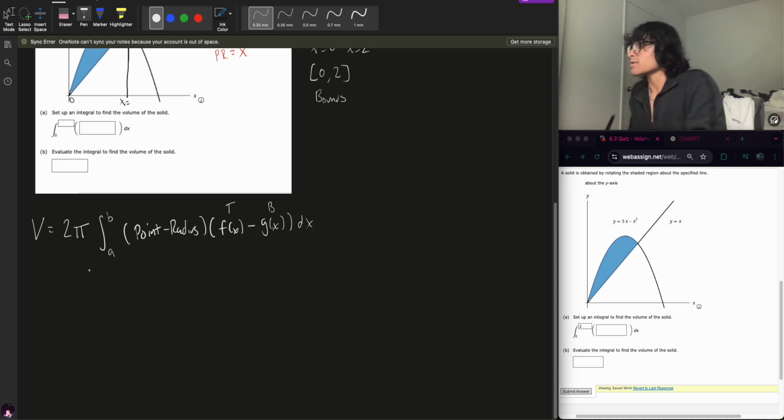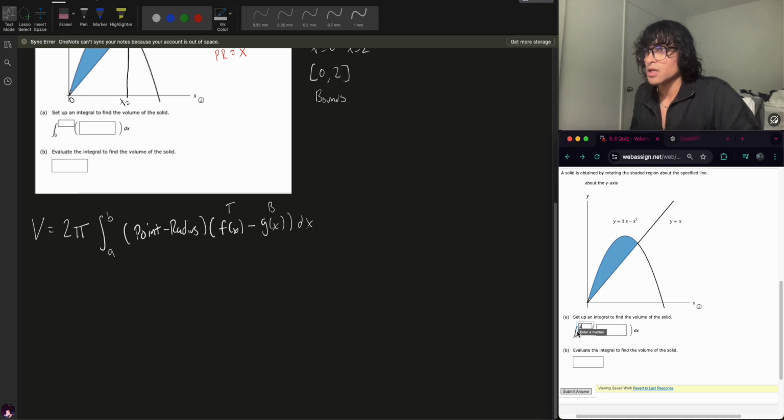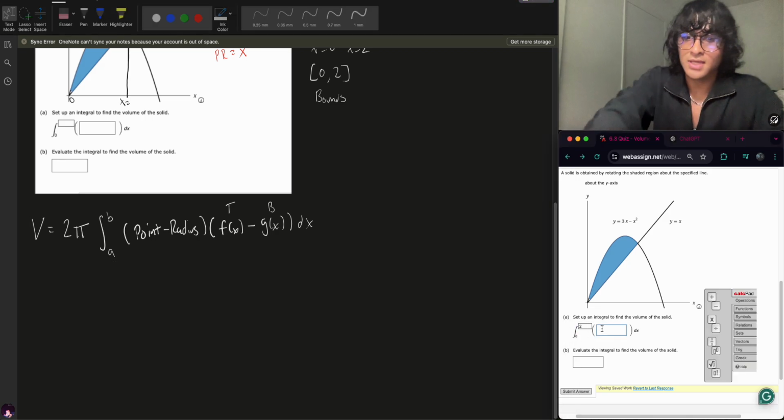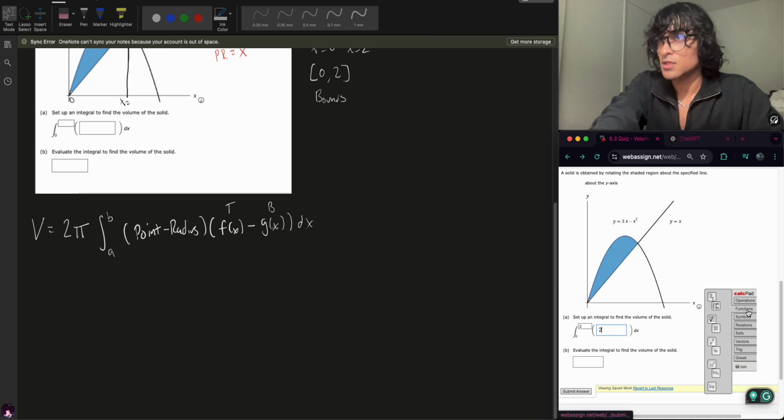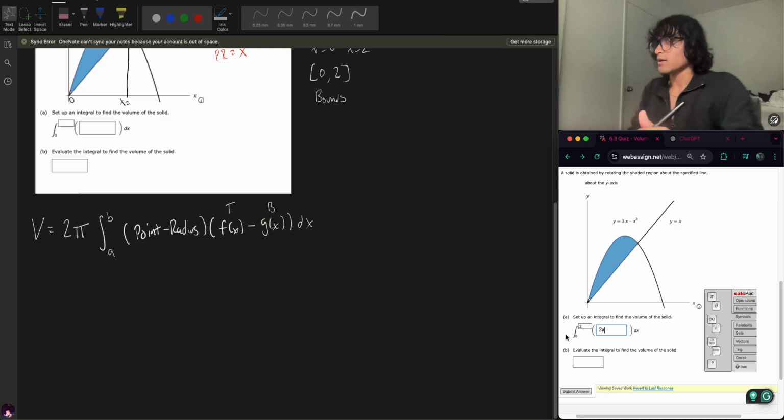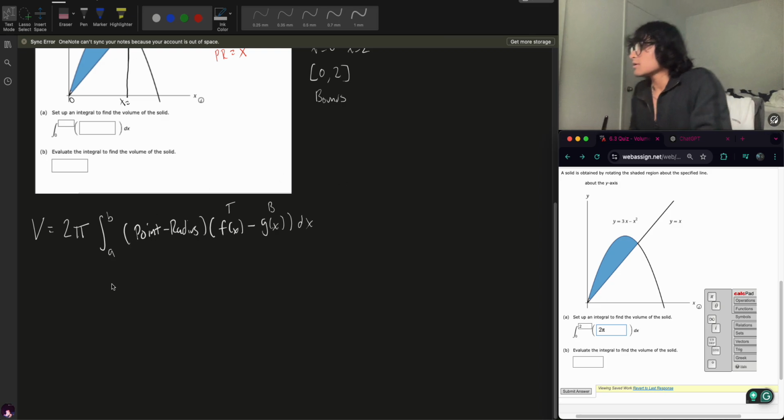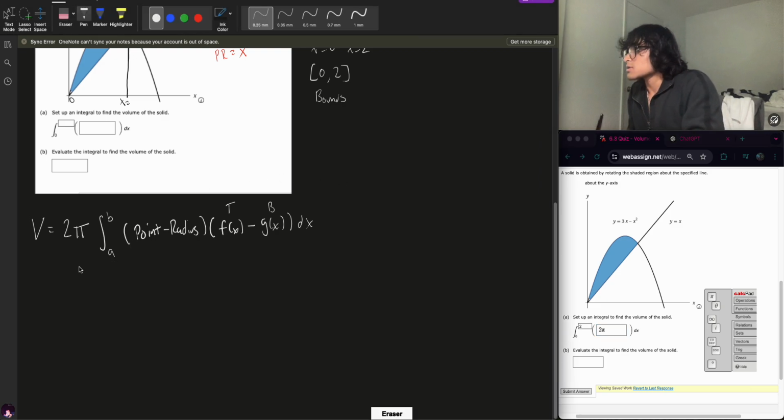Okay, so we now know our point radius. Let's start filling this thing out. And by the way, in this problem, notice that they didn't put out the 2 pi constant, so we're going to have to put that in ourselves. So 2 pi. So let's write this.